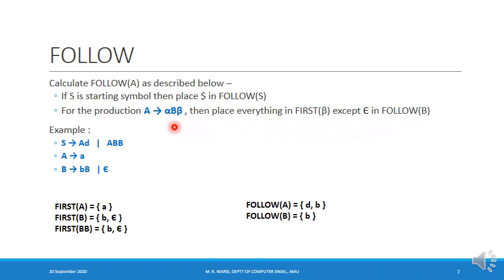Let us now apply this rule to this grammar and calculate follow on the basis of this rule. First of all, I'll apply this rule to this production. Here beta is a small d. First of a small d is a small d itself. So that means a small d will be added to the follow of capital A. So small d has been added to the follow of capital A. Now we'll apply this rule to the second production, and let's consider this to be beta.